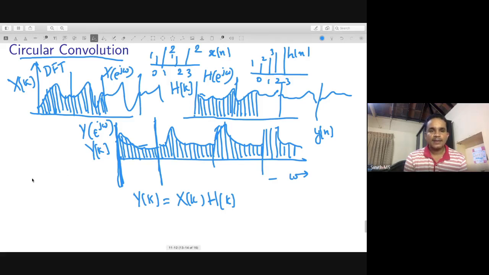Now what happened in time domain? If you give a signal x of n, if you take samples like this, what is going to happen in time domain? What happened to x of n when you take samples of X(e^jω)? If you just take samples and take the inverse Fourier transform, you are making this discrete.